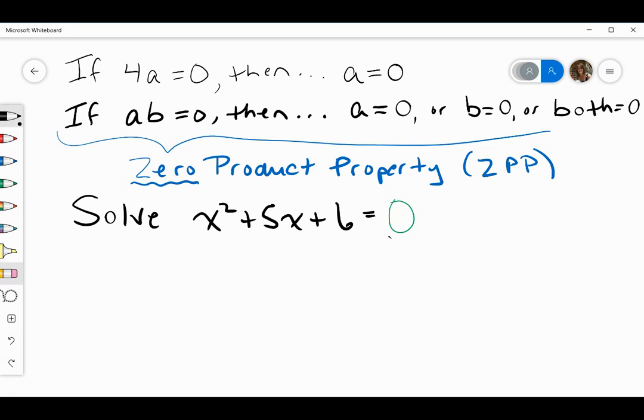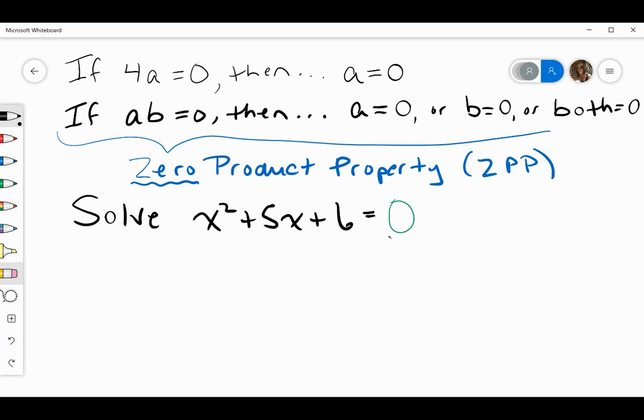Okay, let's try to, can't isolate, right? Because this is not 0 because we have two variables. I can't isolate. I can't use that square root property.